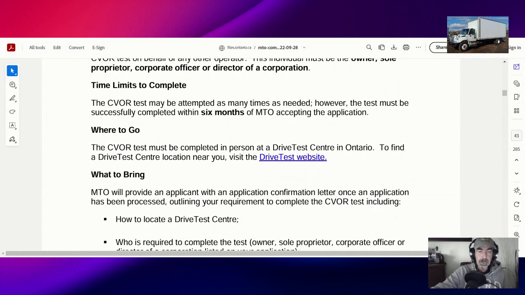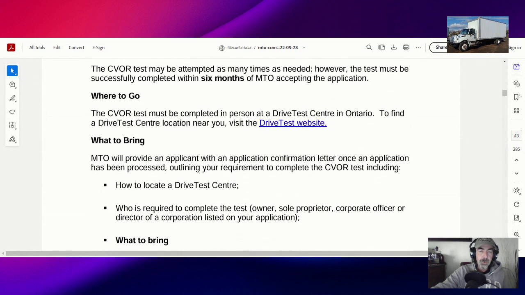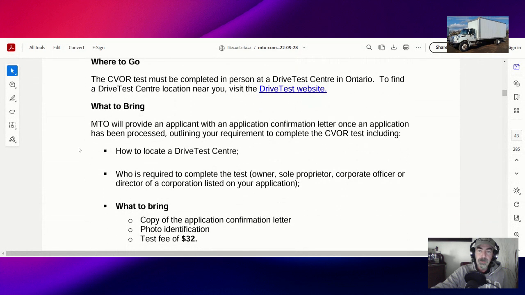Time limits to complete. The CVOR test may be attempted as many times as needed. However, the test must be successfully completed within 6 months of MTO accepting the application. Where to go? The CVOR test must be completed in person at a drive test center in Ontario. To find a drive test center location near you, visit the Drive Test website.